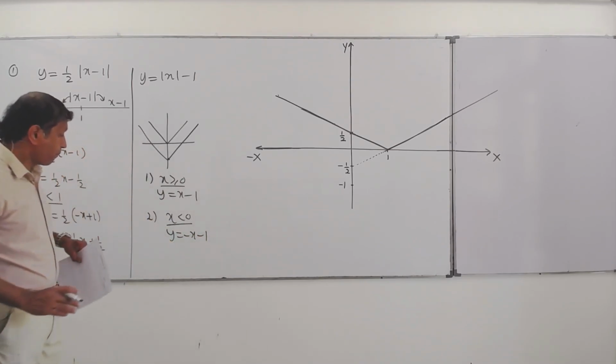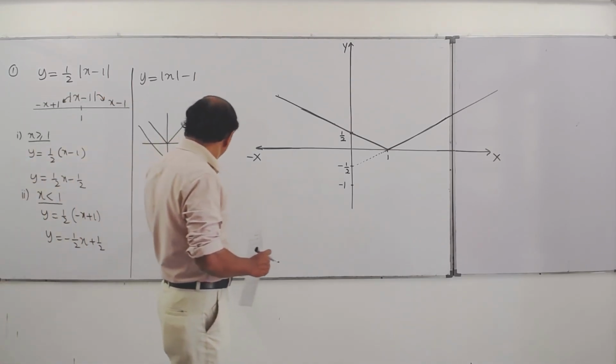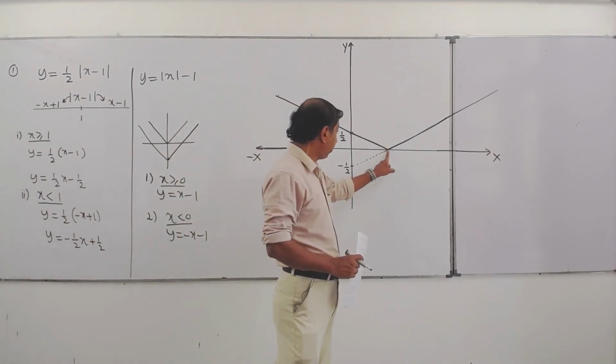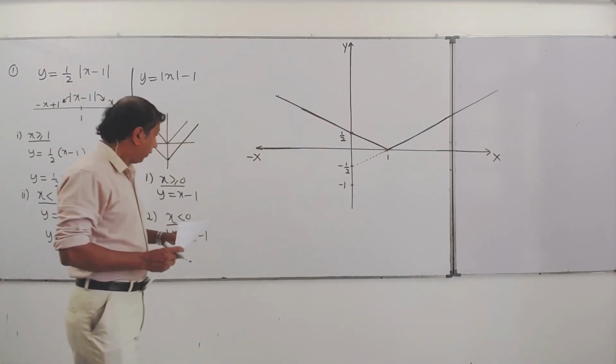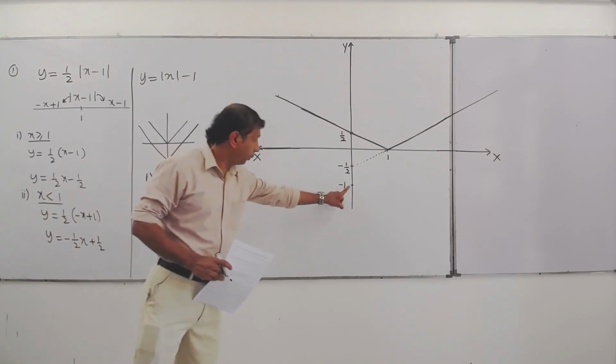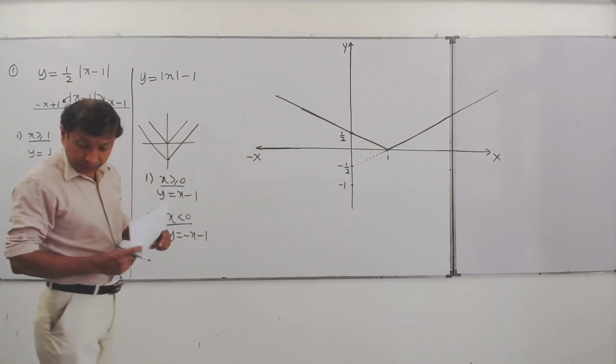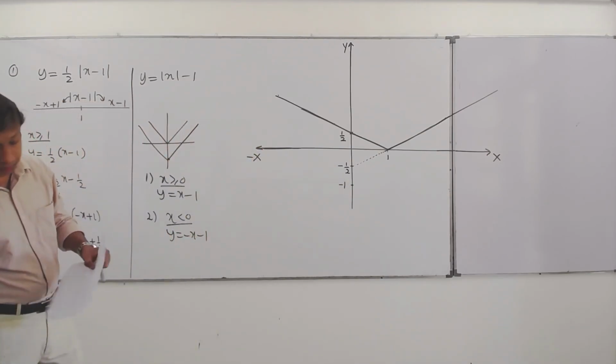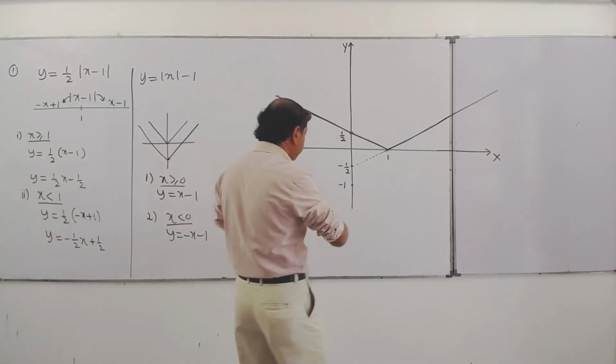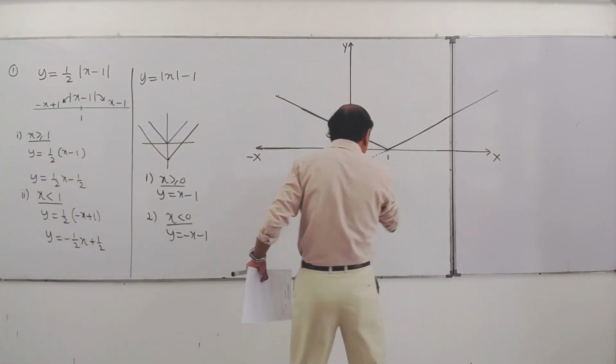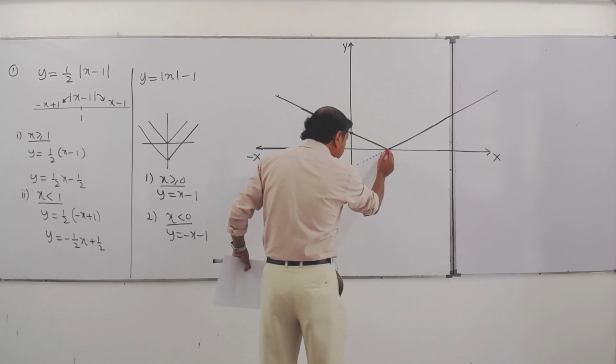When we put x equals 1, y is 0, so the graph passes through this point, and the intercept is minus 1 here. So I can draw that graph like this. Join this and this and produce the line.